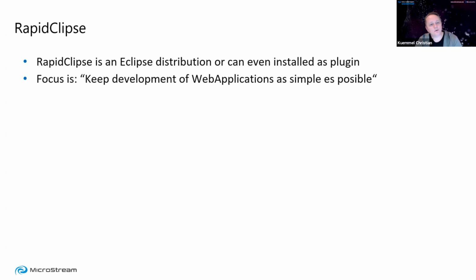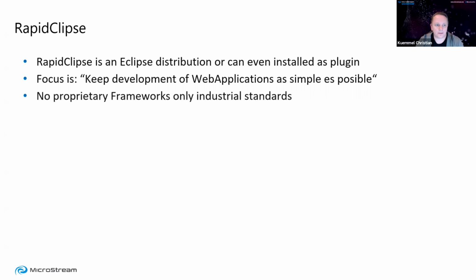The main focus is to keep the development of web applications as simple as possible, but without using proprietary frameworks, rather using industry standards. And that's important because a lot of people asked us at our booth in the past, okay, when we use RapidClipse, is it like using drag and drop, and in the end I get crappy code nobody can maintain, and so on?